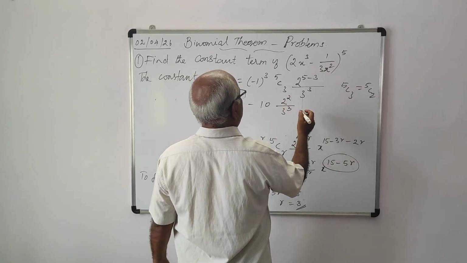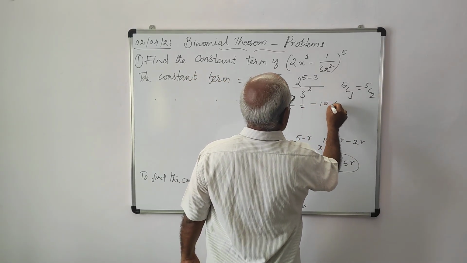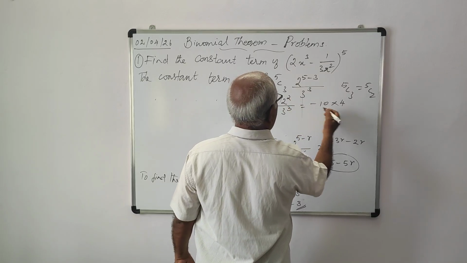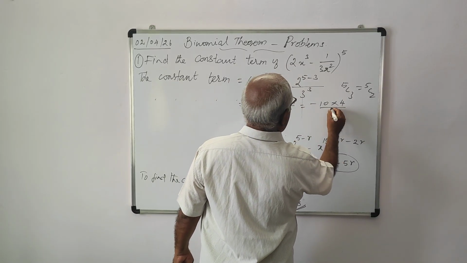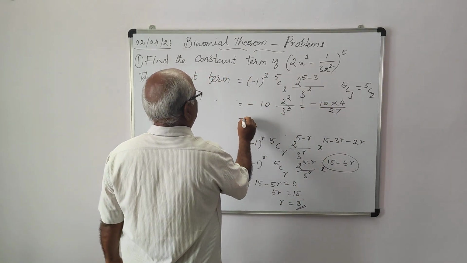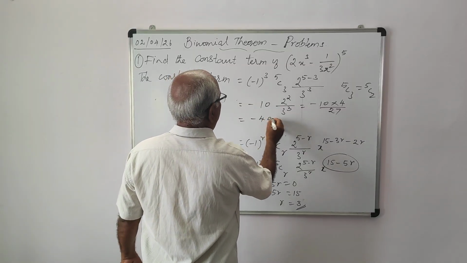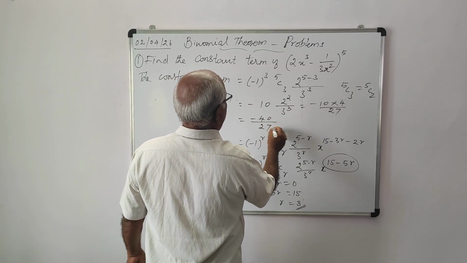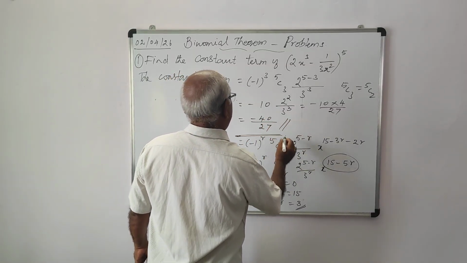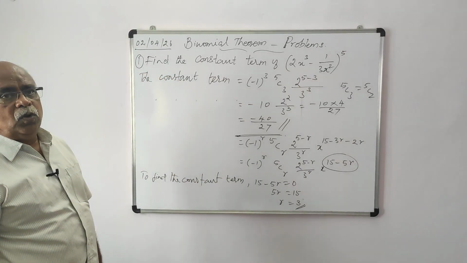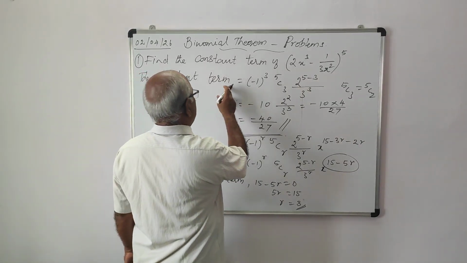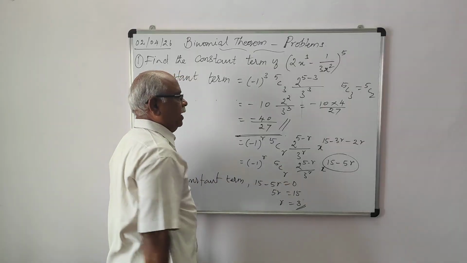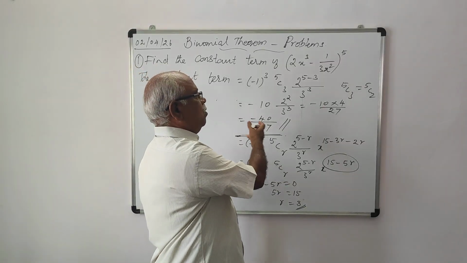That is equal to minus 10 into 4, by 3 power 3 is 27. So minus 40 by 27. This is the coefficient of x power 0, that is nothing but the constant term. Therefore the constant term is minus 40 by 27. That's all about the problem.